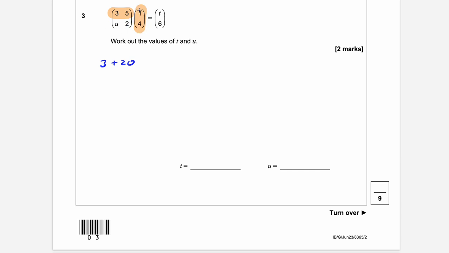So u times 1 is u, and 2 times 4 is 8. So it's u plus 8, and this must equal 6. So it's just 3 plus 20 equals t, which is obviously 23. And u plus 8 equals 6. So u is negative 2.